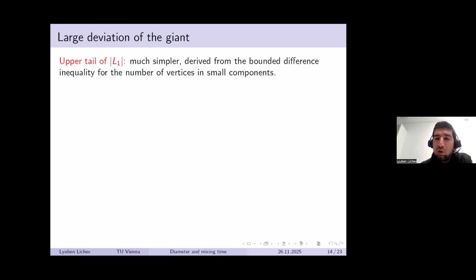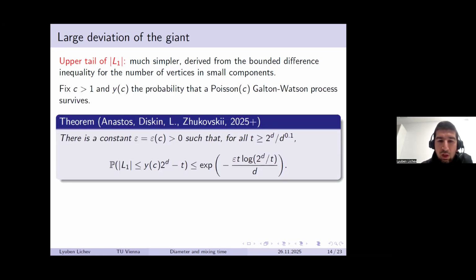And vertices in small components are easy to control via the bounded difference inequality. Changing one edge in a small component doesn't have a huge effect, so controlling the upper tail is fine. Controlling the lower tail is actually a harder task, and this is one of our main results. We managed to do this efficiently up to the value of this constant epsilon here.